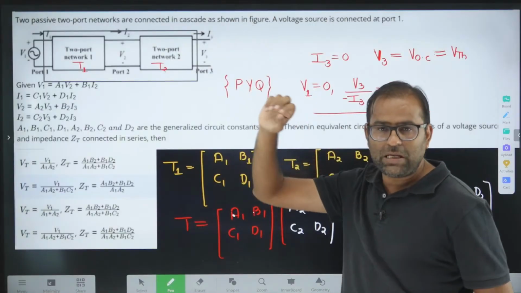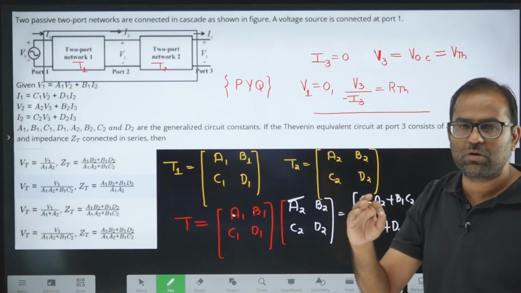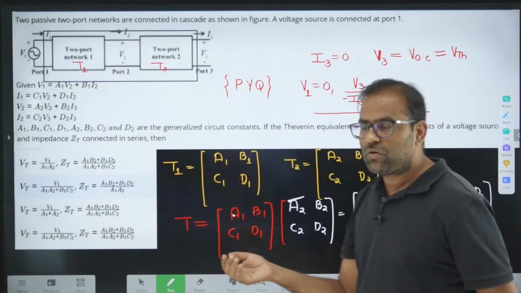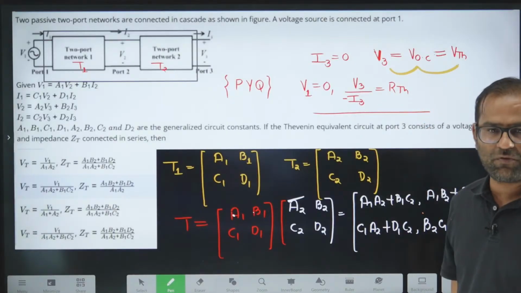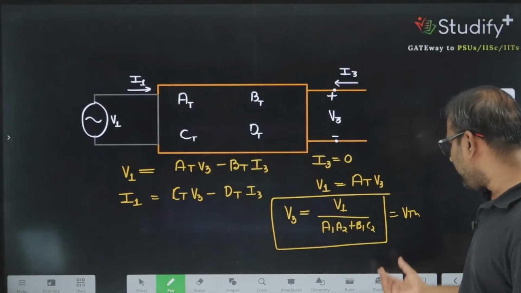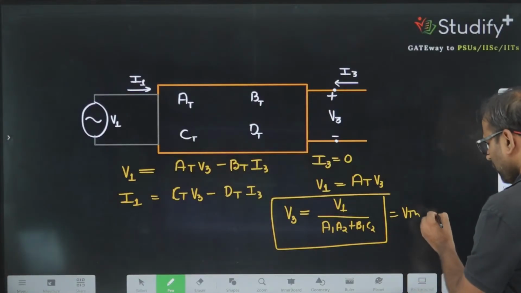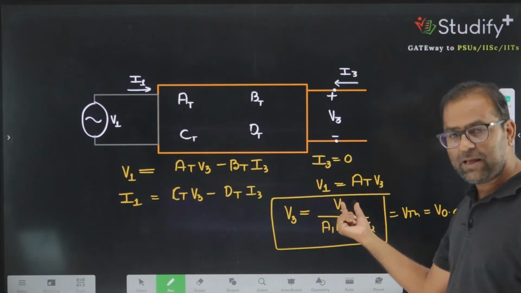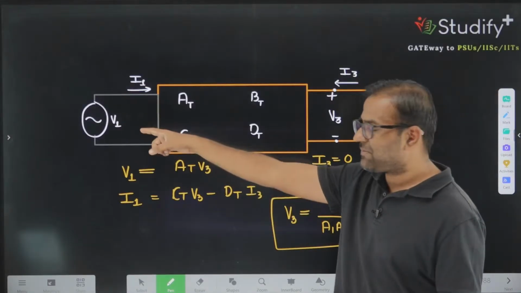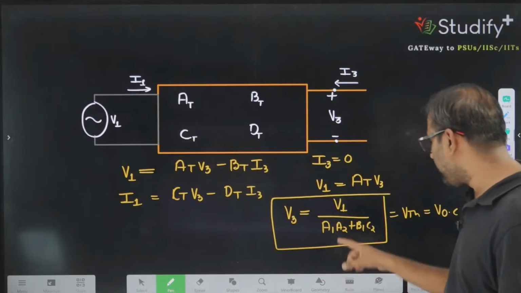As soon as you remove the load, the current is 0. So that voltage is known as open circuit potential, or VTH. Thevenin's voltage or open circuit voltage is given by V1, this supply, divided by A1A2, B1 C2.